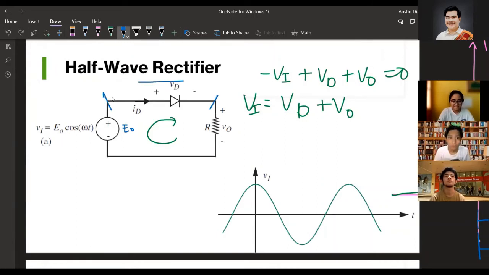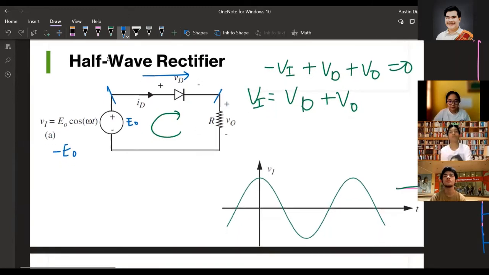So merong current na magpapass through sa diode ko. Pero kapag nakabaliktad ka na, so negative E na, mas malaki yung voltage dito kaysa dito. Ang gagawin niya, open niya yung circuit, mapuputol yung connection between these two.